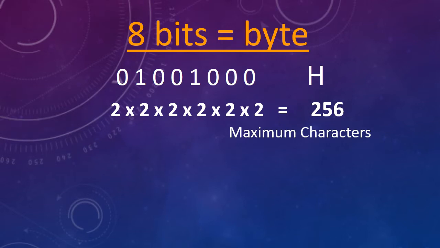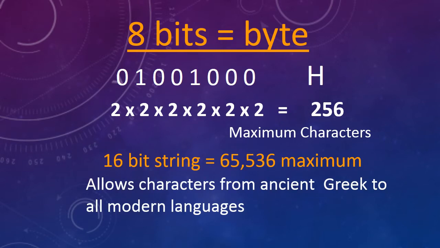That's enough for the 26 letters in the alphabet, upper and lower case, numbers, special characters. In some computers, they've gone to a 16-bit string, and that's 2 to the 16th, and that allows for characters from the ancient Greeks to all the modern languages. But let's just stay with our 8 bits.